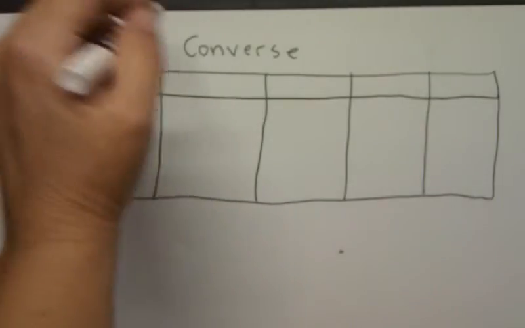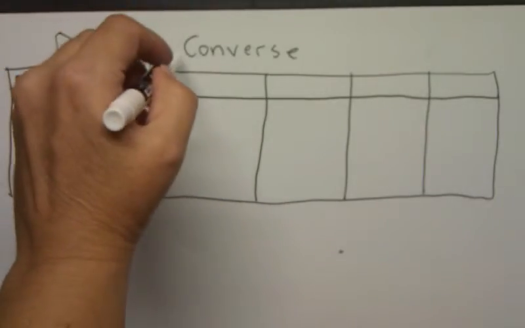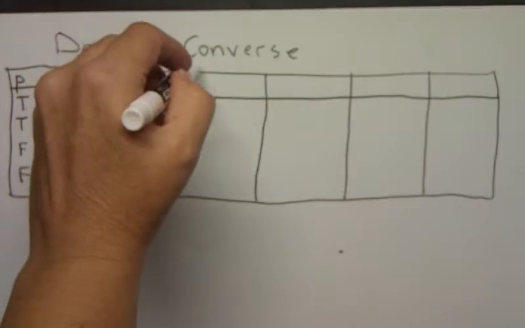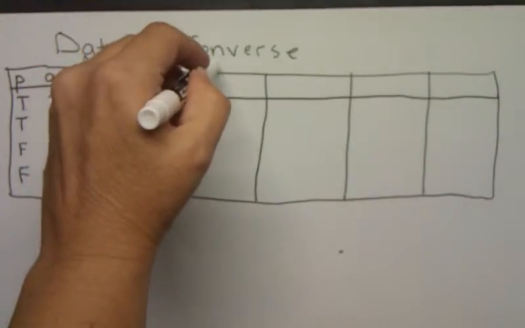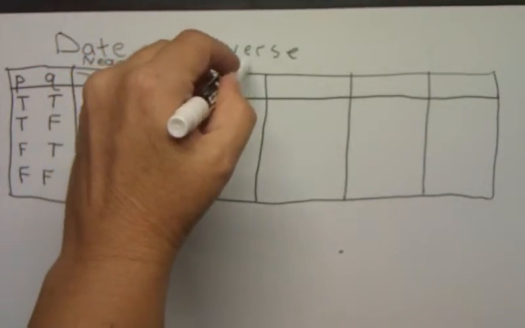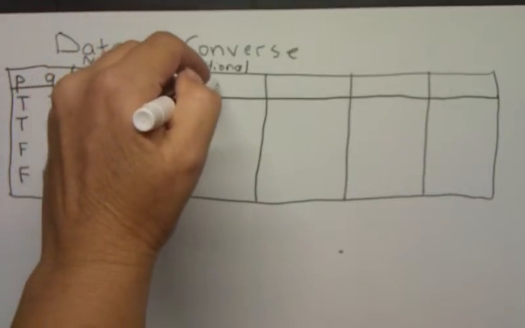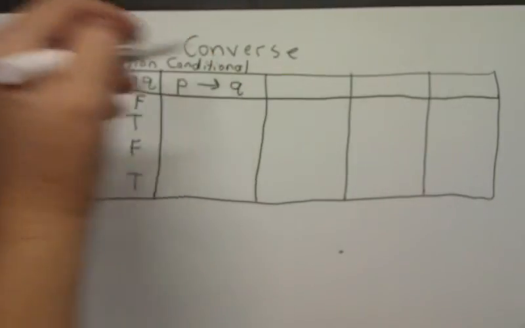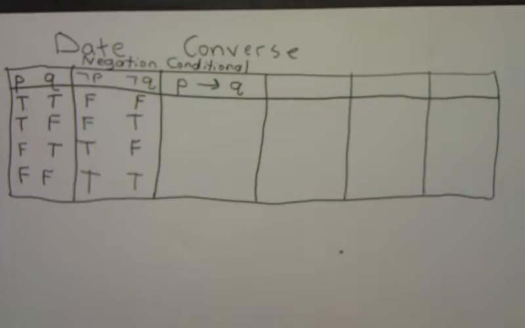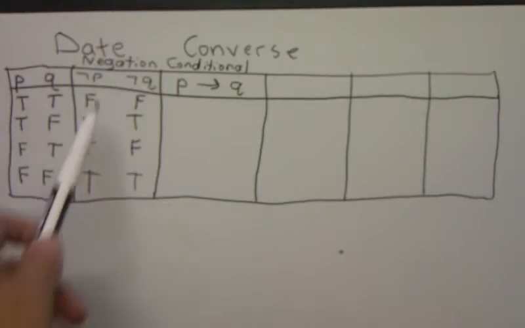We talked about conditional. Conditional says if P, then Q, or P implies Q. We talked about this in the last lesson, and we're going by this, not by the negate.